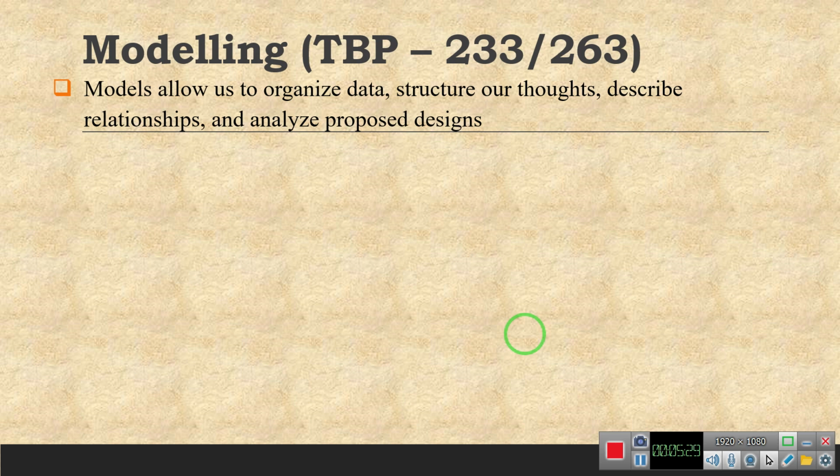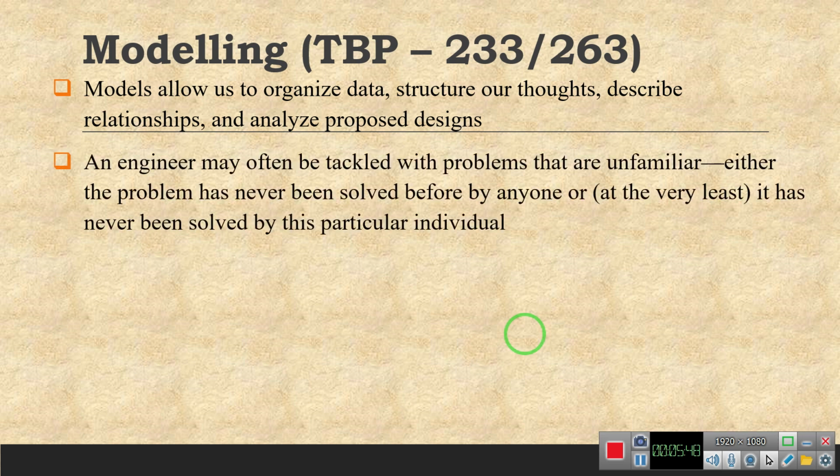So these allow us to organize the different data we are utilizing. Structure our thoughts means the step by step steps we are implementing. Describe relationships means the relationship between variables, how it looks, and analyze the proposed designs. An engineer may often be tackled with problems that are unfamiliar.